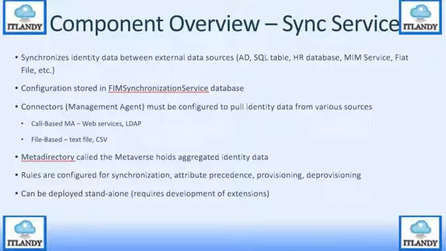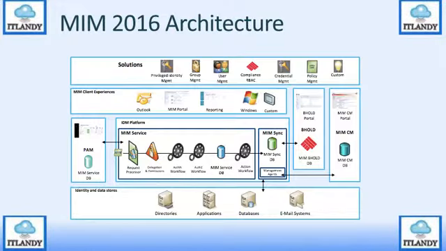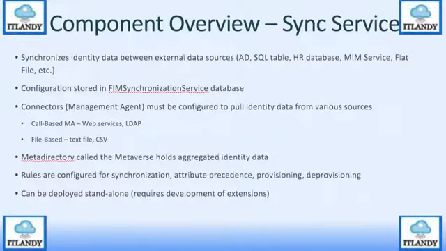Then we have something called the metadata or meta directory, which is called the metaverse basically, which will hold the aggregated identity data, everything we saw in the earlier slide. Let me take you back to that screenshot. Here you can see the MIM sync. It's aggregating from different sources into that database to be able to amalgamate the information we need and send it back to the target.